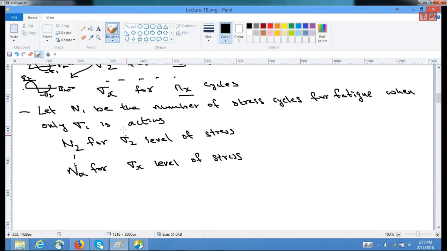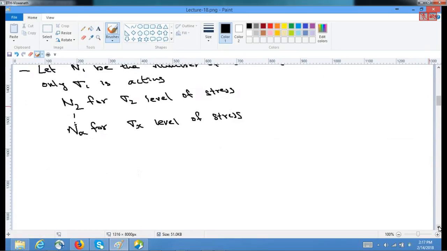So if only sigma 2 is operating on the component, it will fail after a capital N2 number of cycles. Similarly, if sigma x alone is working, then it will fail at capital Nx. We will know this information because we know the SN curve for a given stress level.